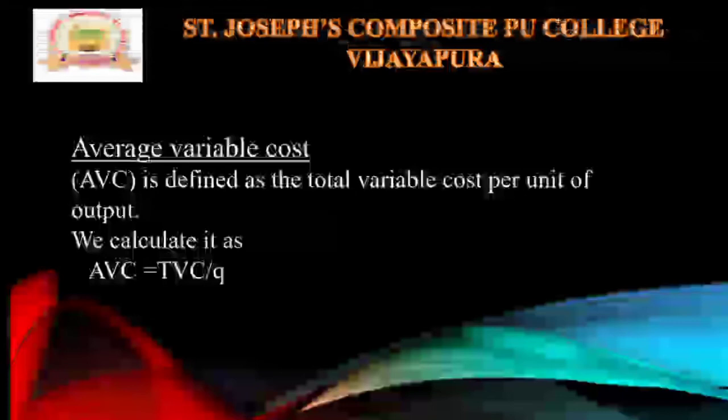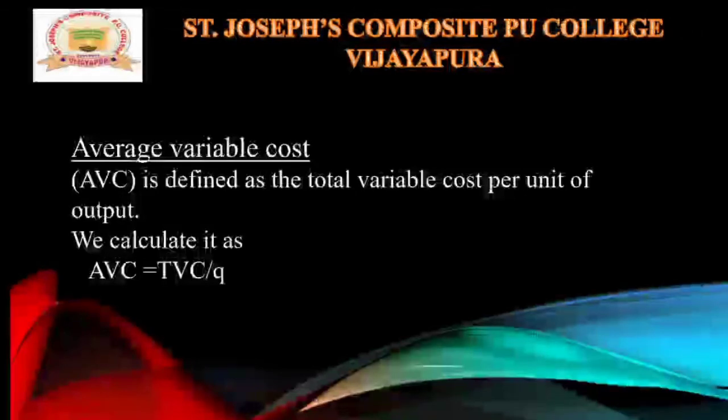Average variable cost is defined as the total variable cost per unit of output, because average means per unit. We obtain it by the following formula: average variable cost, AVC, is equal to TVC divided by Q. TVC means total variable cost, divided by quantity of output, Q. Thus we can say that average variable cost is the per unit variable cost of production.